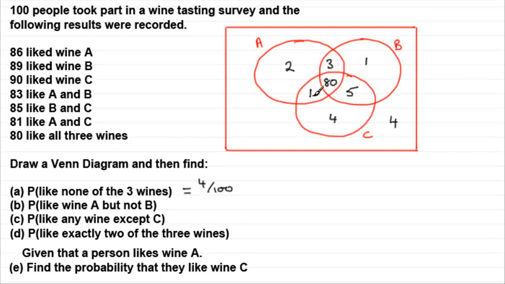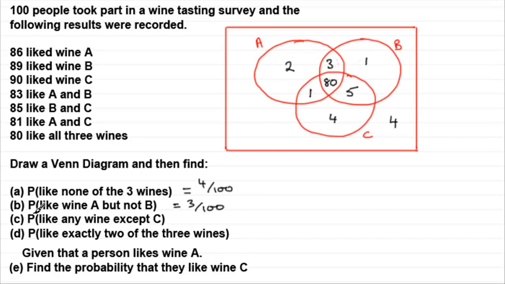But you've got to be careful here, because this one here is someone who likes wine A. They like wine C, but that's not the point. They like wine A, but they do not like wine B. So you've got a total of 2 and 1, 3 people out of the 100 people. So that probability is going to be 3 out of 100.